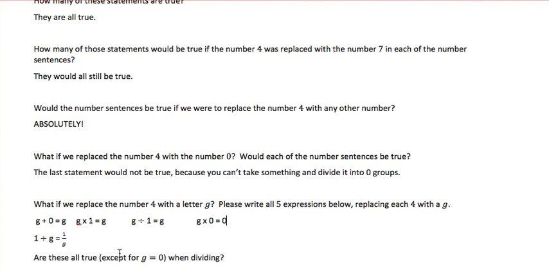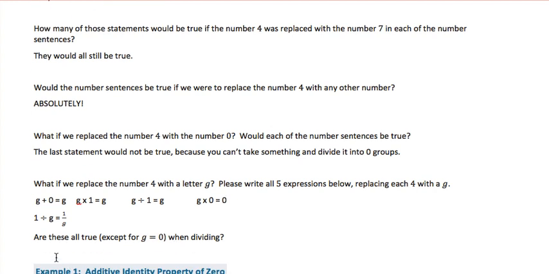Are they all true except for when G is equal to 0 when dividing? And yes, they absolutely are. So when we write a rule in regards to this particular problem, we want to make sure that we say except for when G is equal to 0, because it is not defined.